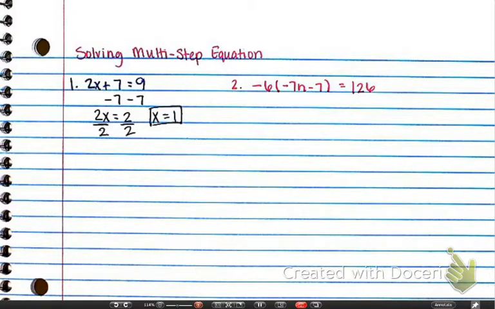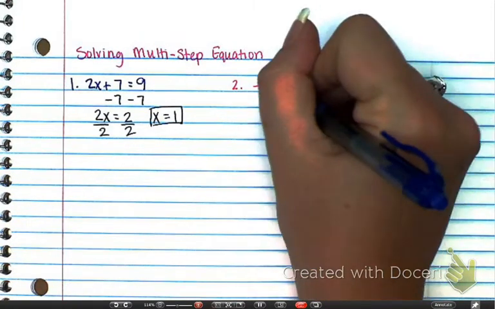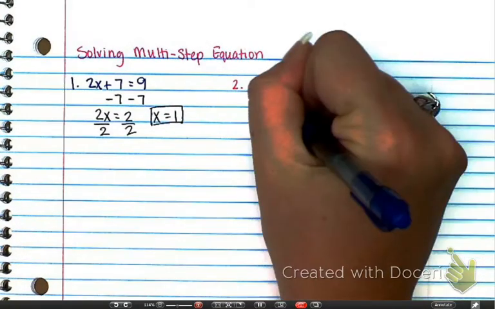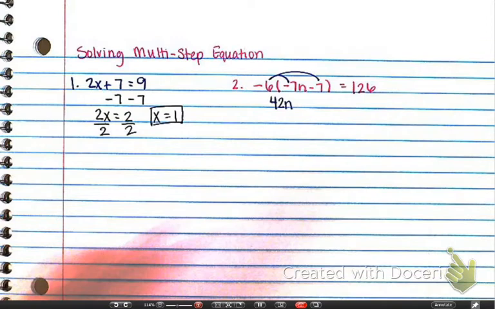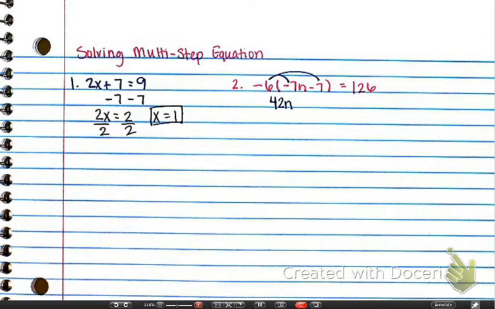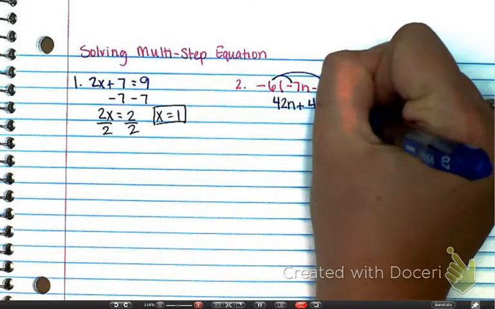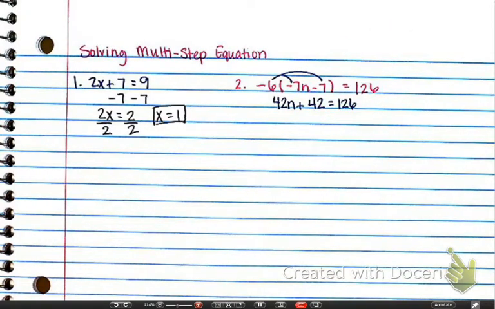So what do we see here that we're going to have to deal with? We're going to have to use the distributive property. So if I distribute, I get a positive 42n plus 42 equals 126. Now this equation looks like the first one.